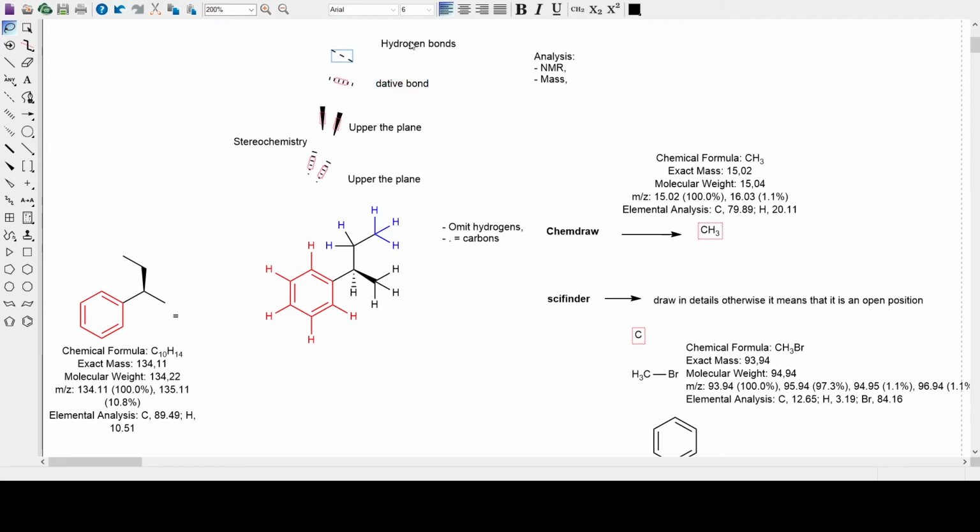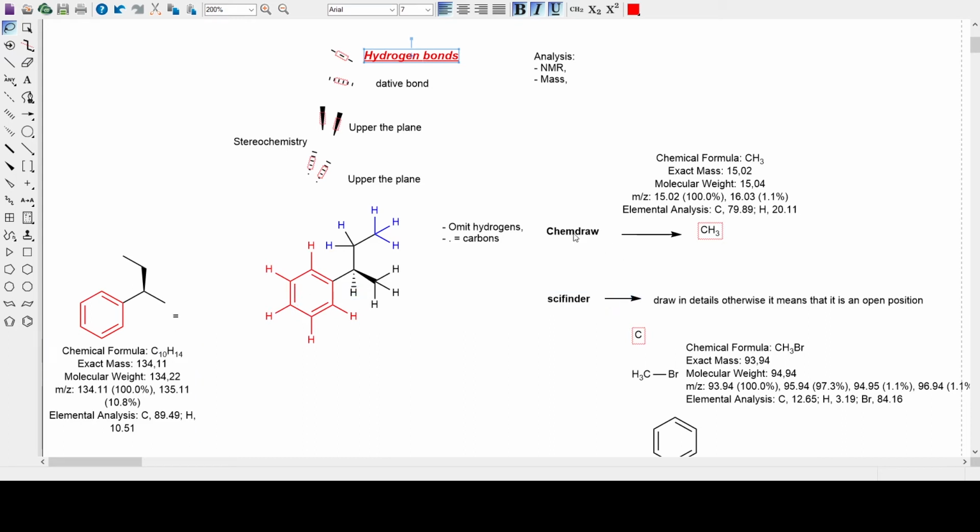Voilà. Then you can increase or decrease. You can make it bold, okay, souligner, or you can change the color here. You can change the color. Okay, so upper plane, below the plane. So this is the stereochemistry. So this compound equals this one, okay?